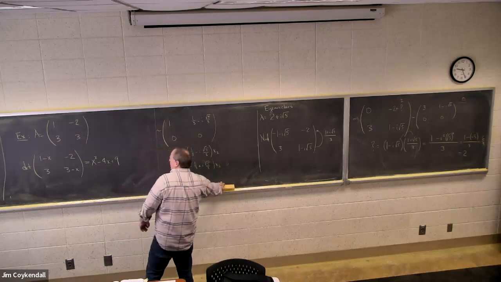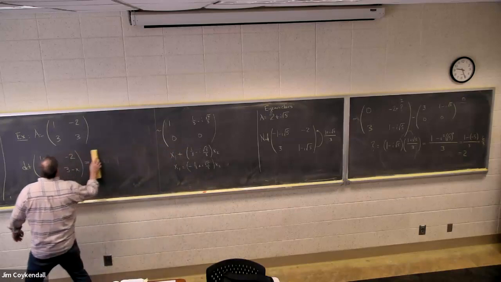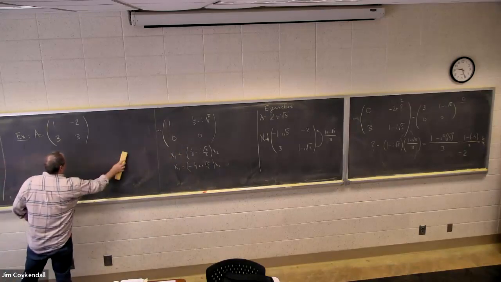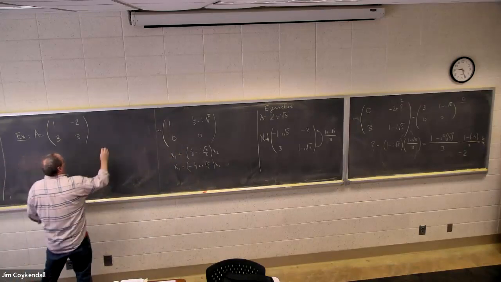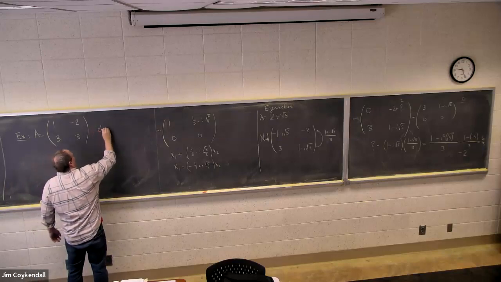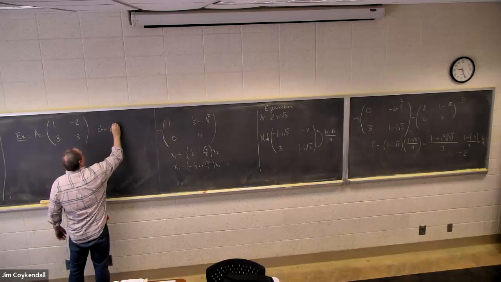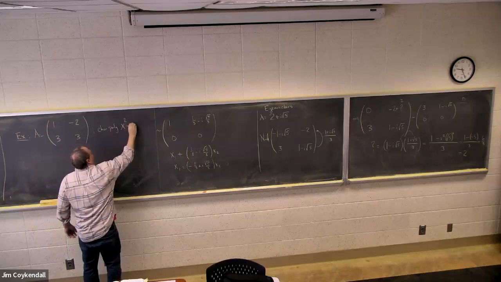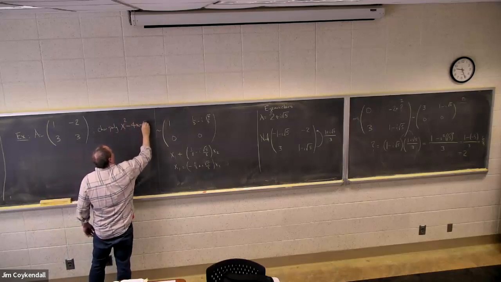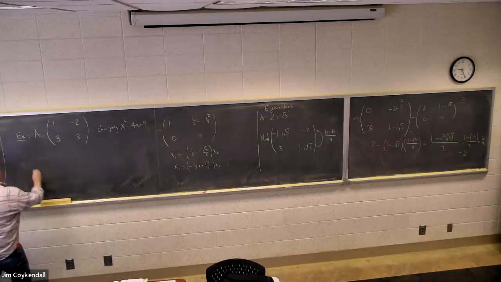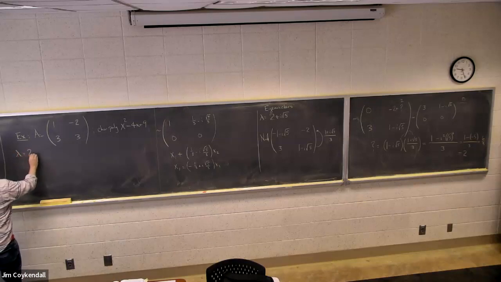So for the first one here, let me kind of record this. I'm going to use this board here to record it. Characteristic polynomial was x squared minus 4x plus 9. Lambda equals 2 plus i radical 5.